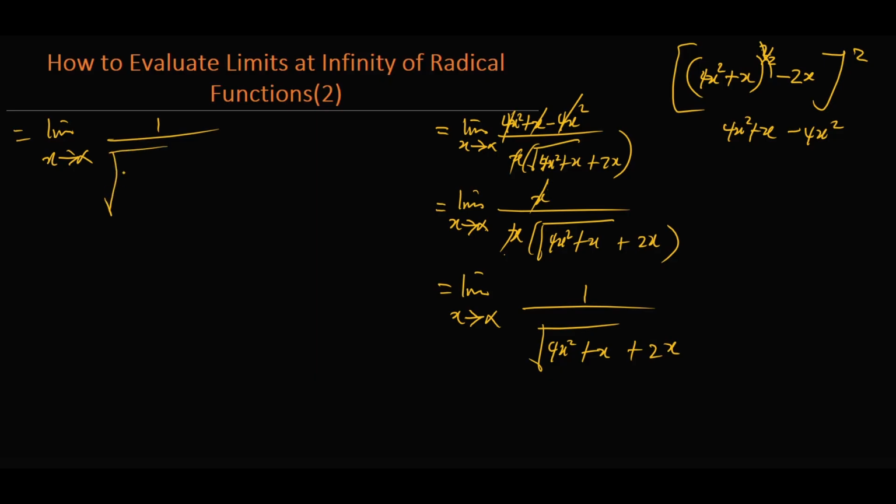We have x squared multiplied by 4, that will give us 4x squared, plus 1, that will give us x squared multiplied by 1, that is x squared, but what we have here is x. So we are going to divide by x so that this radicand expression is balanced. Now plus 2x.